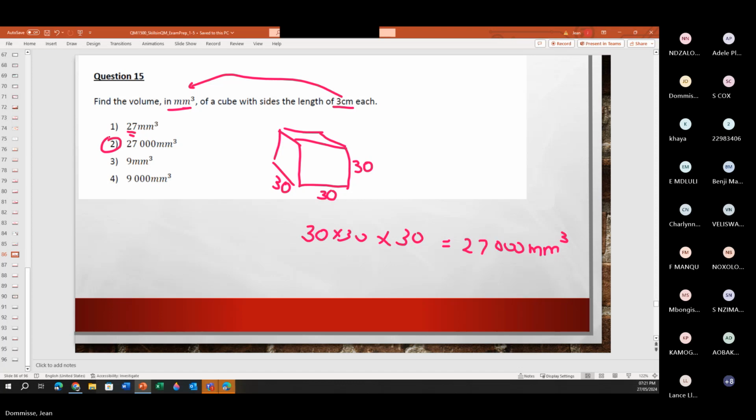Okay, so first convert from centimeters to millimeters, because what they could have given you as options is, instead of this, 270, because we normally convert and say, well, 3 centimeters is 30 millimeters.